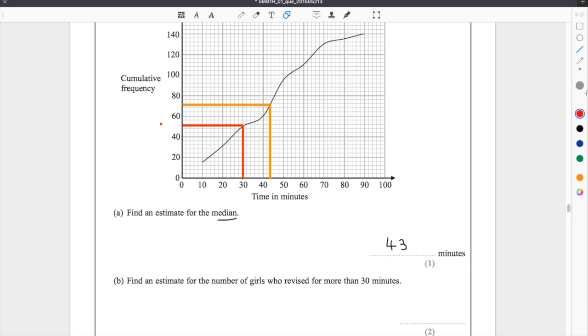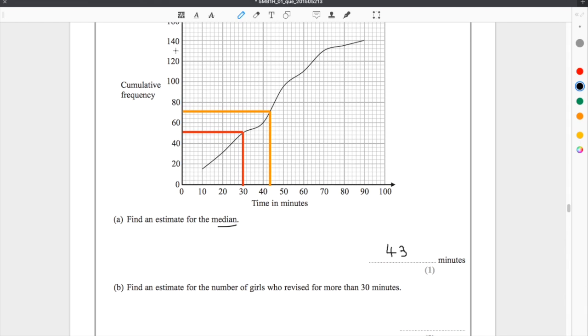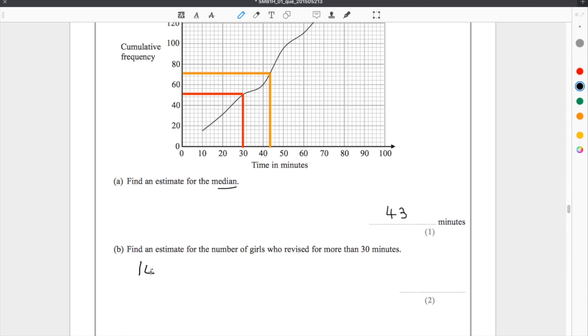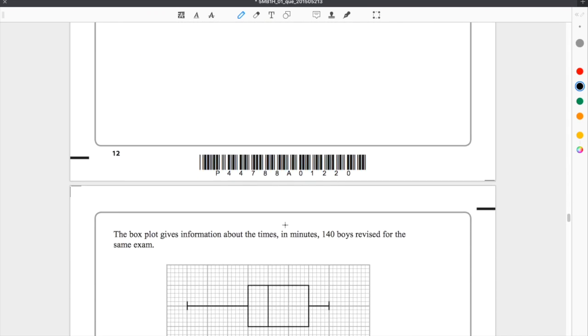And we're looking for greater than that 50, because it's greater than 30 minutes. The line goes up to 140, so 140 subtract 50 gives us the amount above, which is just 90. So an estimate for the number of girls who revise for more than 30 minutes would be 90.